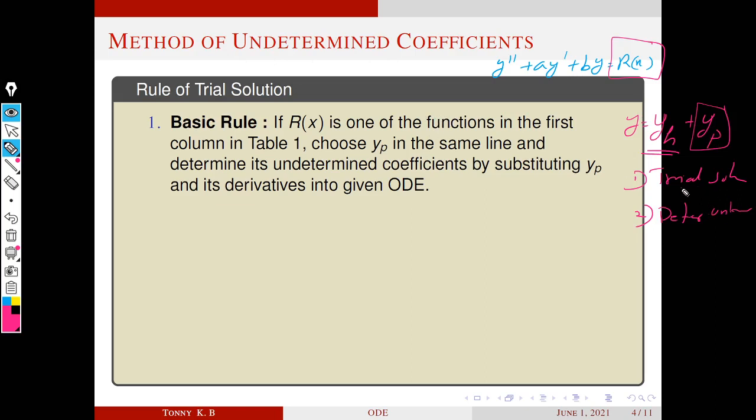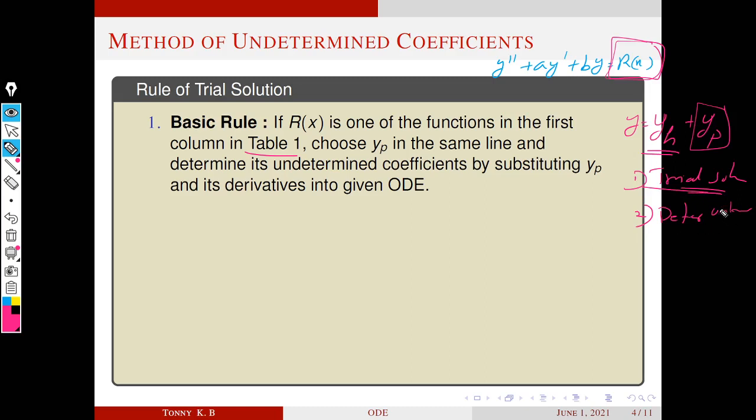First, we choose a trial solution depending on the right hand side. If the right hand side is e raised to ax, then we have one type of trial solution. If it is a polynomial, then we have another type of trial solution. That is explained in table 1. The main step is to assume a trial solution yp, which contains some unknown numbers.